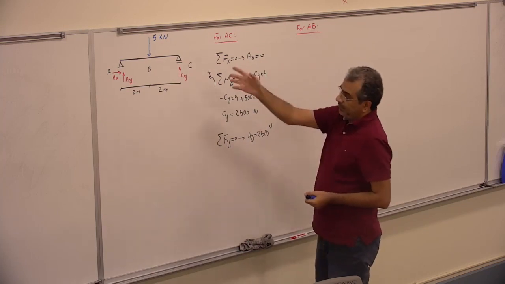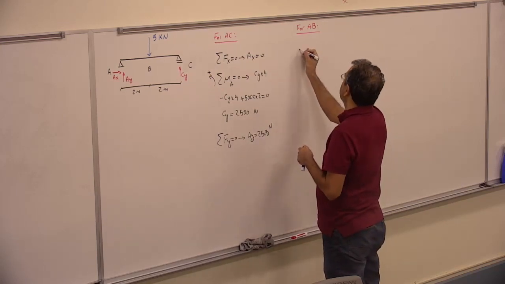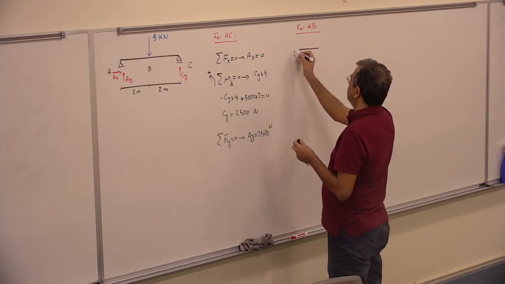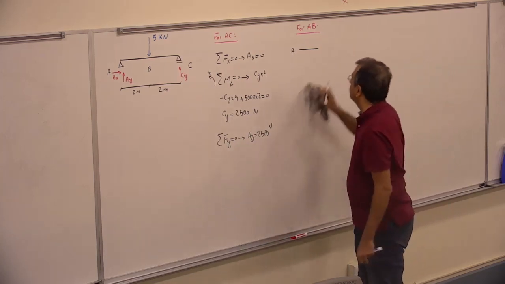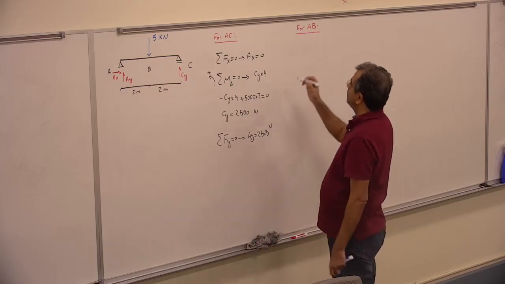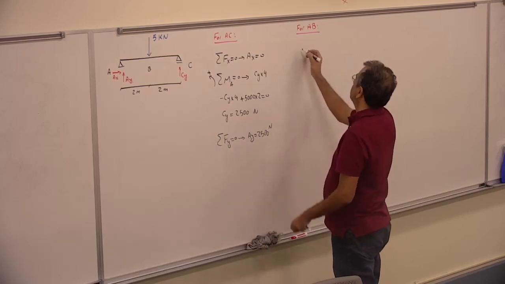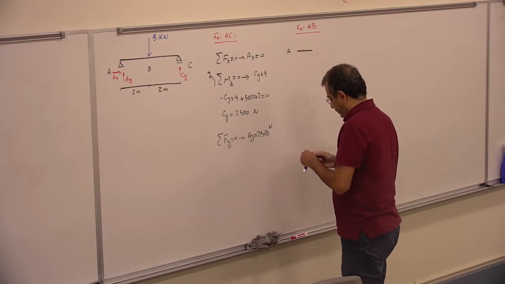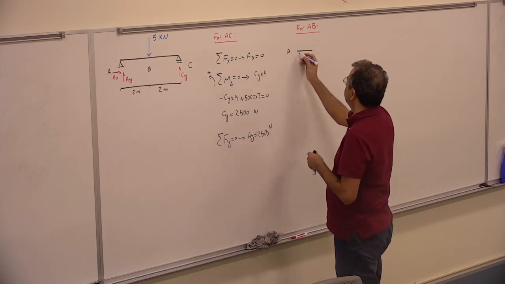if I cut it somewhere there, and I know A, B is somewhere here, it's the A. The external force AY applied there, 2,500.